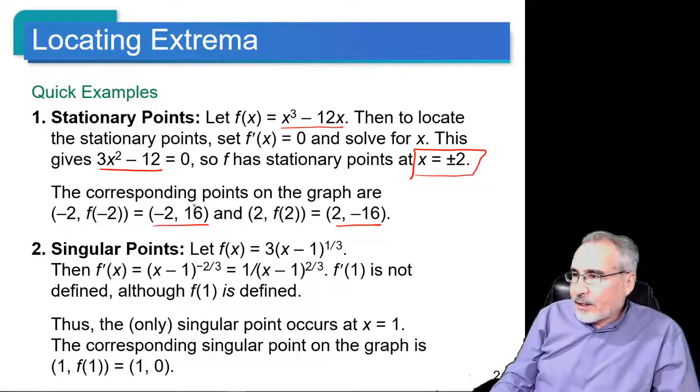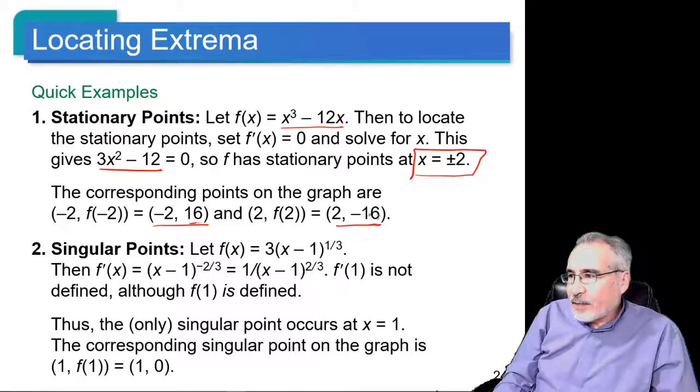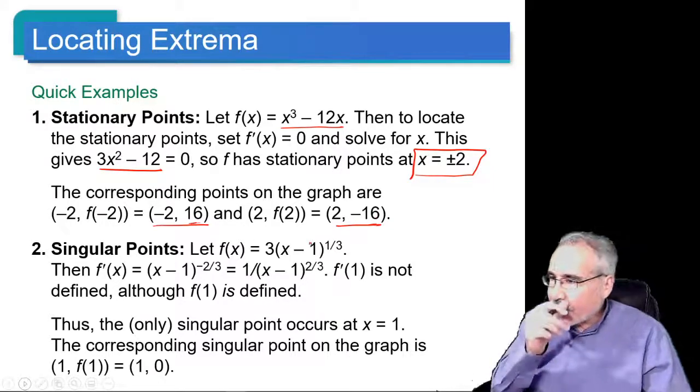So positive 16 is larger than negative 16. I think we could easily agree that this has got to be a maximum and this has got to be a minimum. Now, are they absolutes?